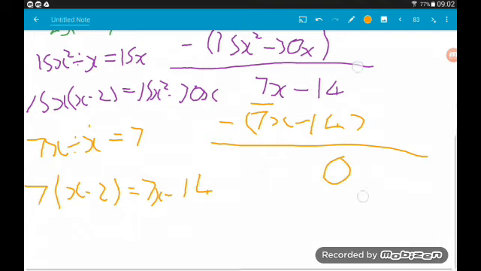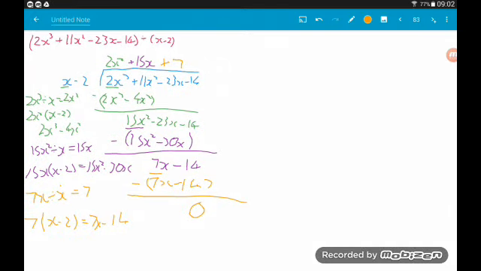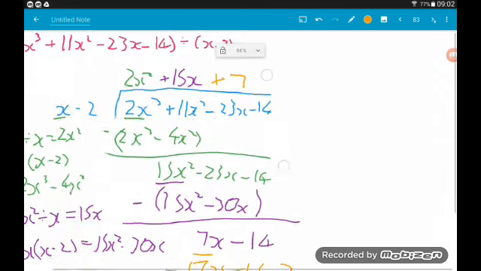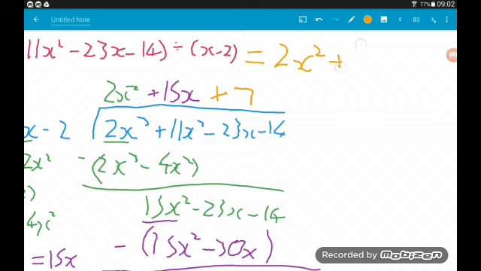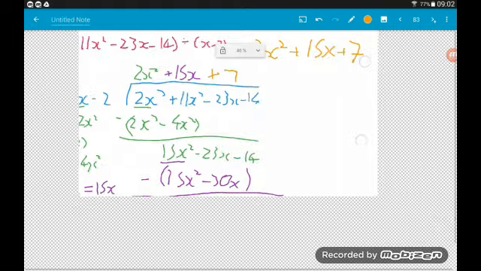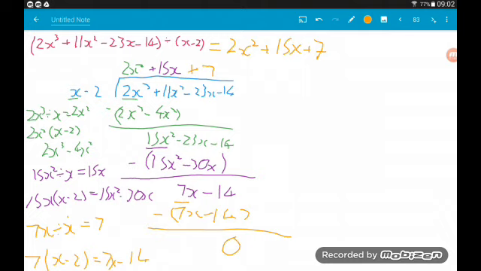So that means x minus 2 is a factor of this cubic expression. So we can write our answer: the cubic divided by x minus 2 is 2x squared plus 15x plus 7. There it is all together in one go, if you like.